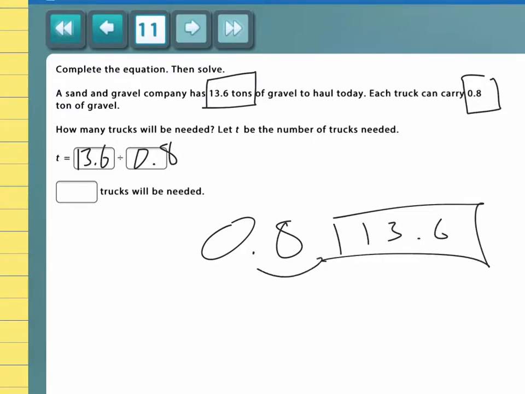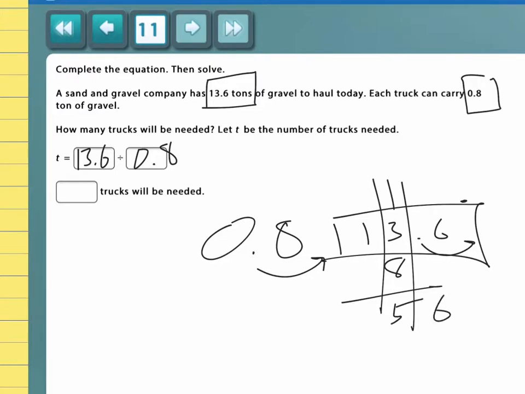I'm going to multiply this by 10 and this by 10 to get an equivalent division problem. Now the new problem just becomes 8 into 136, and that's going to be 17. So you're going to need 17 trucks to haul this dirt if each truck carries 8/10 of a ton.